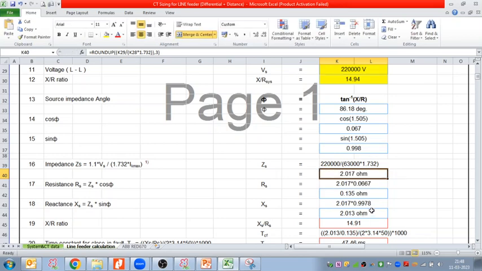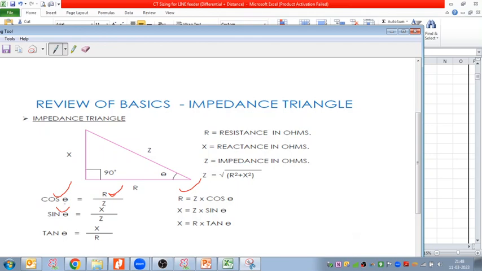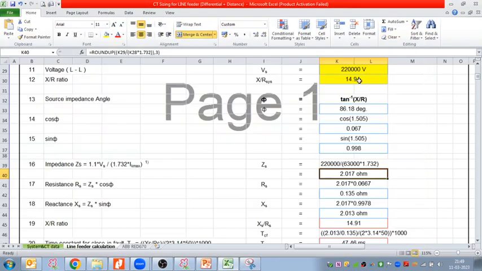And now once my Z source is done and we know the cos theta value, Z into cos theta gives the source resistance, and Z into sin theta gives the source reactance X.